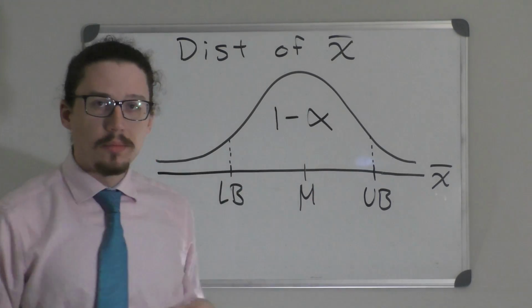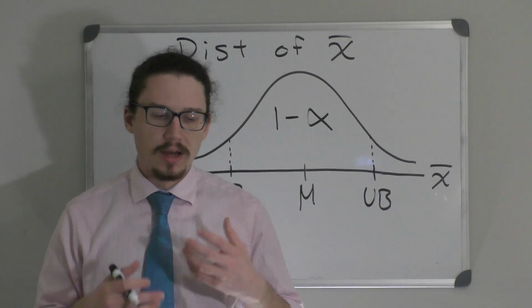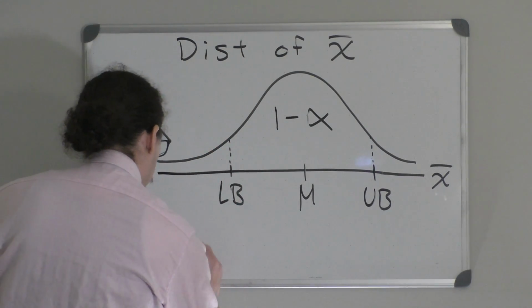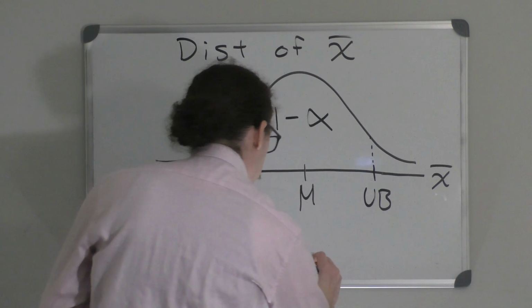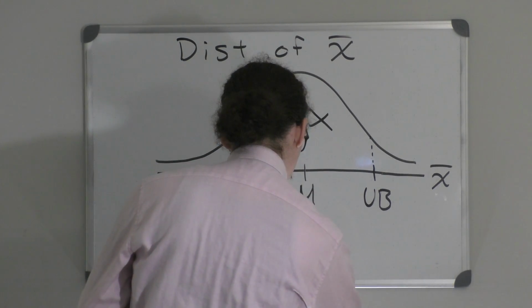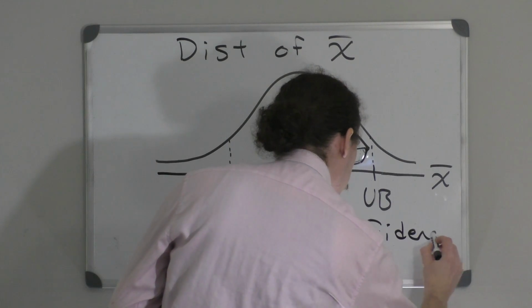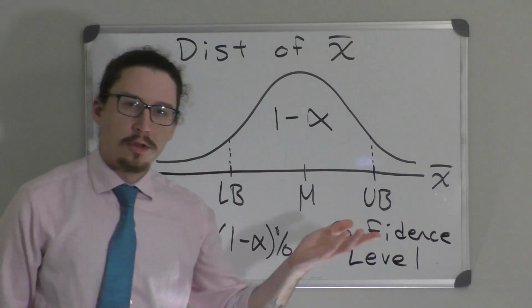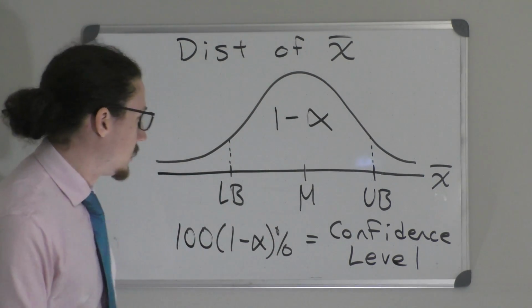This 1 minus alpha, your book calls it the confidence coefficient. You may hear it referred to that way, though I don't really ever hear it called that.